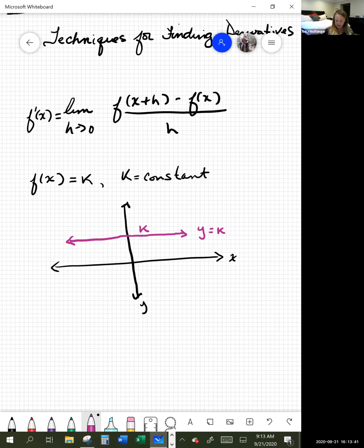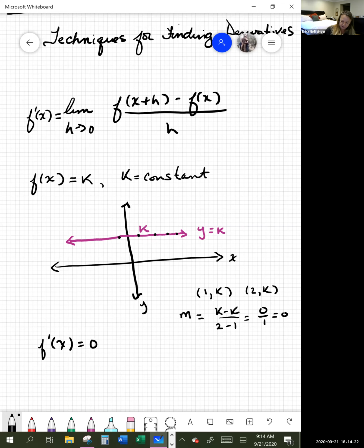So this is our line y equals k. If we took the derivative, f prime of x, what would that give us? Anywhere on here, if we took the slope, say we have a point at 1, k and a point at 2, k. y is always k, but x is changing. So our slope would be k minus k all over 2 minus 1, or 0 over 1, which is 0.